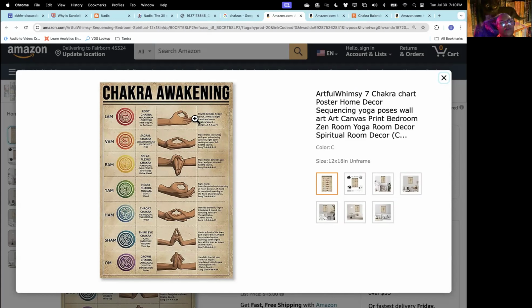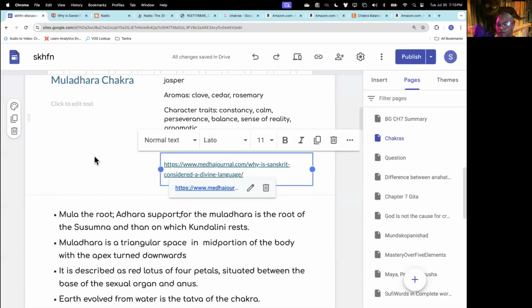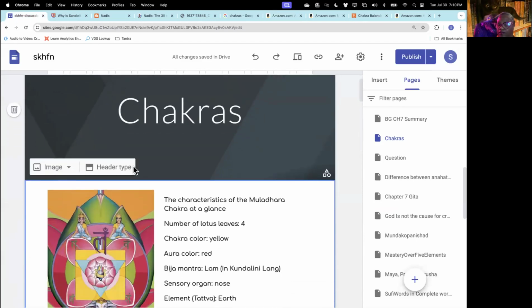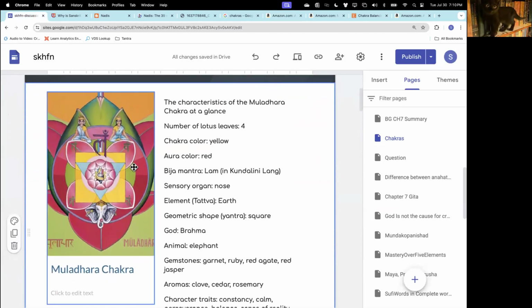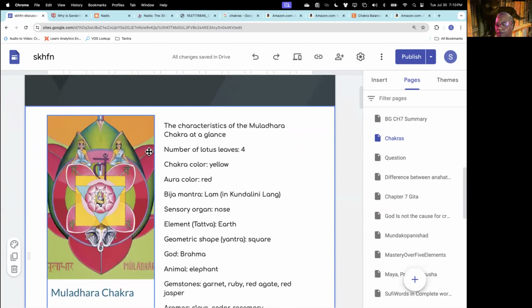Now, each chakra is denoted by petals, something like this. This is some notes I prepared long time back, and I'm showing it to you guys. So this is how the Muladhara chakra is depicted internally. This is a very good diagram. The Muladhara chakra has about 4 leaves.